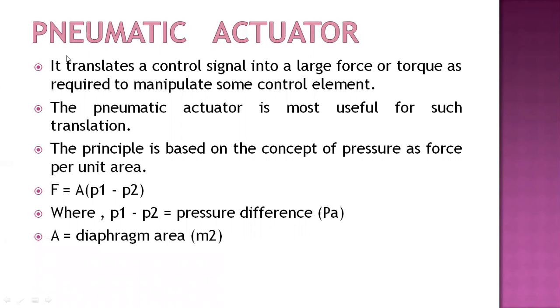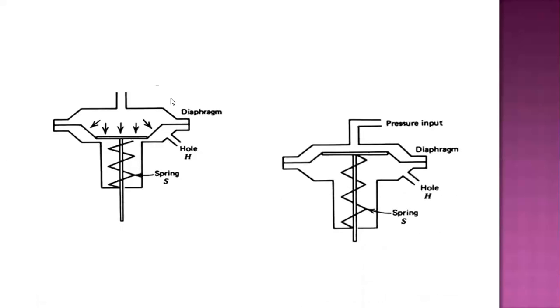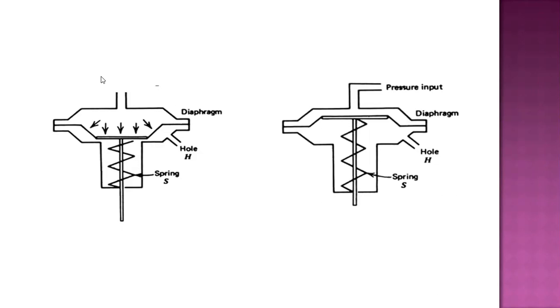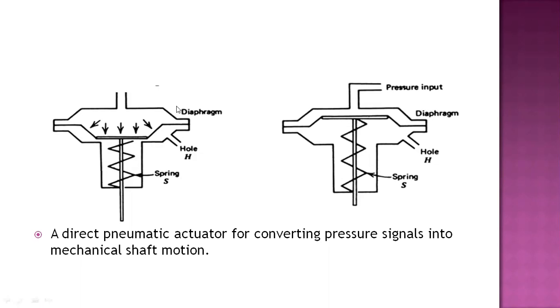So we can see here the pneumatic actuator. In the figure, a direct pneumatic actuator is shown for converting pressure signals into mechanical shaft motions. So the action of a direct pneumatic actuator is shown over here.